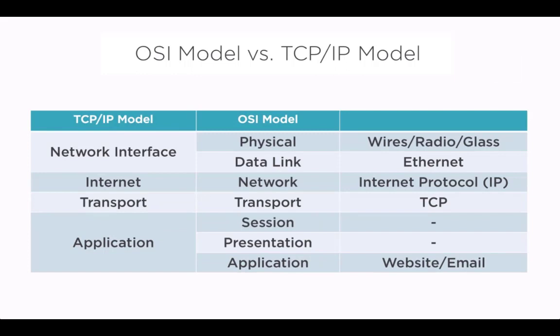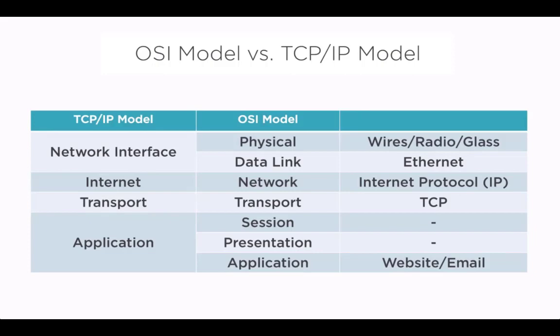Now there are two more layers in the OSI model, called the session layer and presentation layer. But in actual data communication, these 2 layers don't play an important role. That's why I removed them from the OSI model. But there are some functions of the session layer and presentation layer, and some protocols work on those layers.